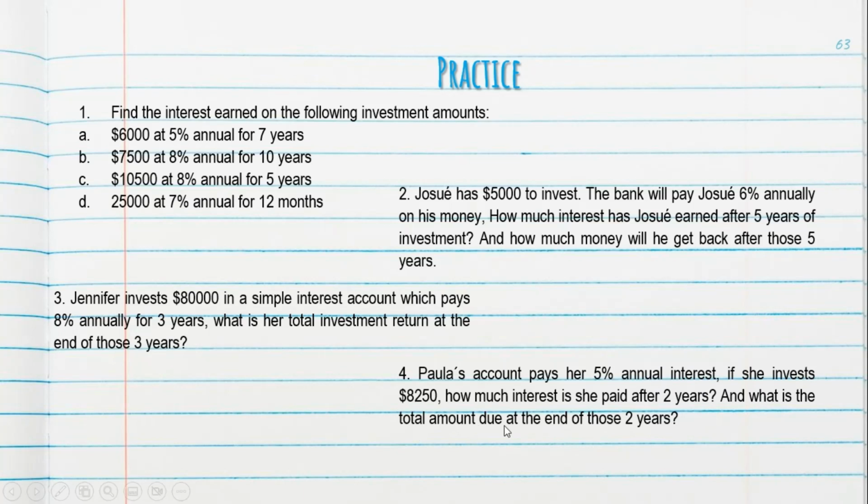And what is the total amount due at the end of those 2 years, right? So you do those exercises, and that will conclude the first video, which is the simple interest formula. There will be a follow-up video for the continuation with the compound interest formula, which is more elaborate, all right?